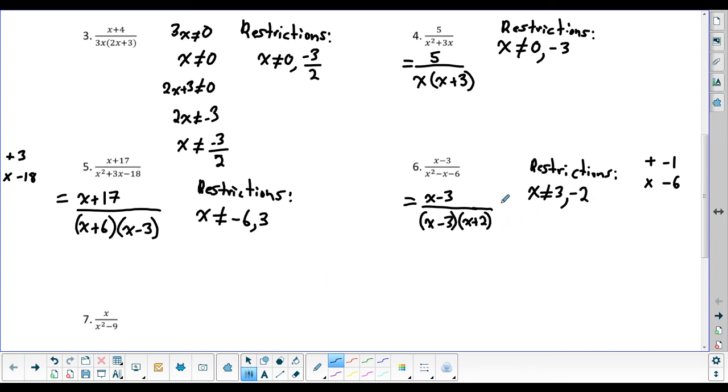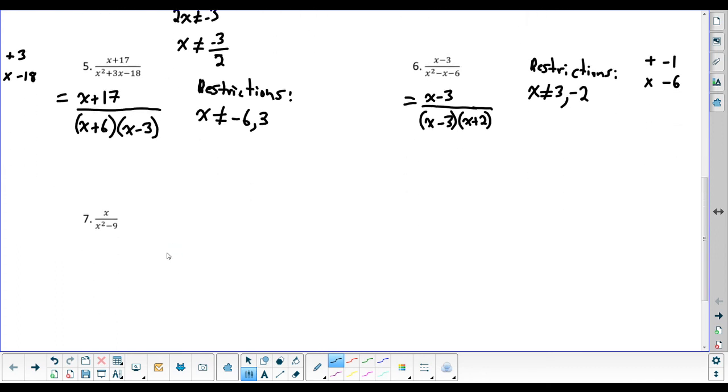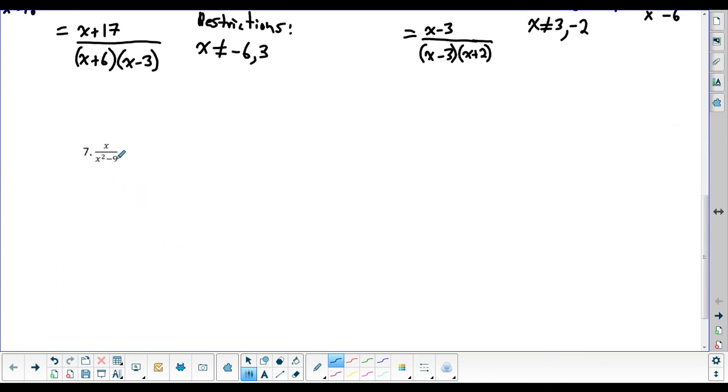All right, one more here. So I think we're going to have to factor this one out as well. Now, this is a special type of thing to be factored, but you do not need any special technique to do it. So if you think you remember how to do it, or if you want to try on your own, just pause the video and give that a try.